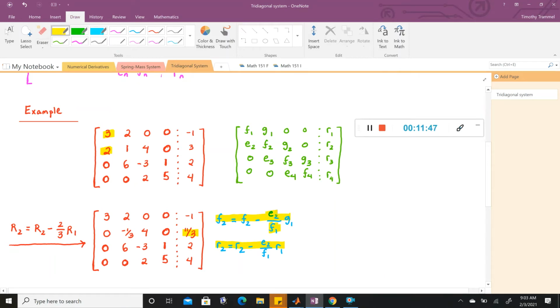That's where the E2 came from on top of here. And then this right here is just performing the subtraction that was going to result in changing this to a minus 1/3, because here we're working with F2 and G1, G1 being right here.